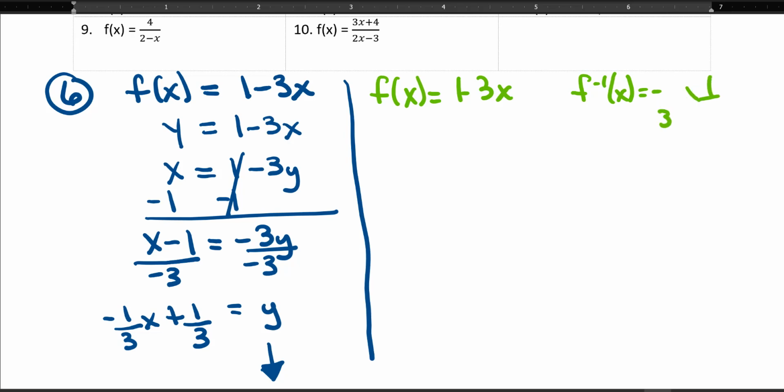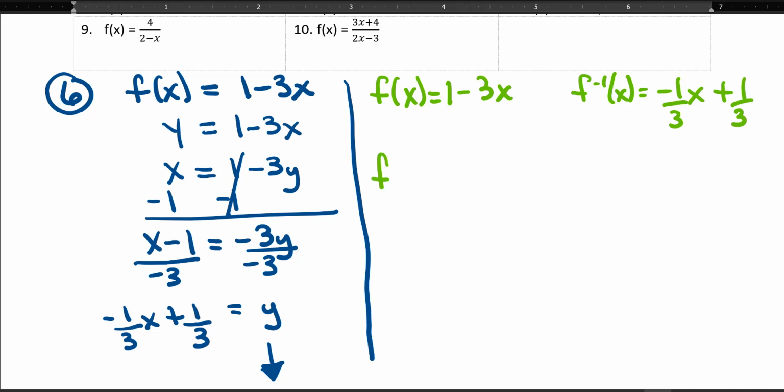Let's erase that and write this a little bit better. We have negative 1/3 x plus 1/3. So we want to compose our functions. So this is 1 minus.